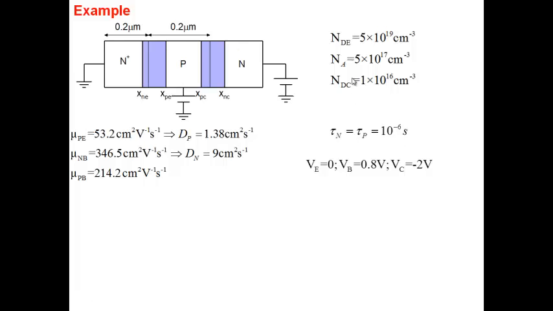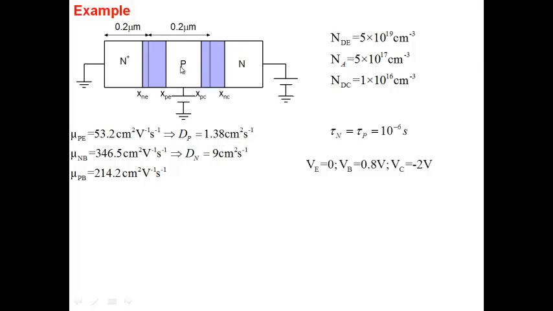And so once you have the doping levels, the mobilities are doping dependent, and therefore one can determine what the appropriate mobilities are. So for example, because it's heavily doped N plus here, the hole mobility is pretty small, 53.2 centimeter square per volt per second here. So that's the hole mobility, and from the hole mobility one can get a diffusion constant.